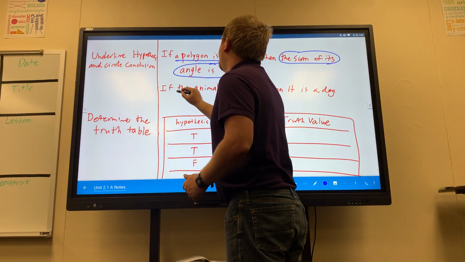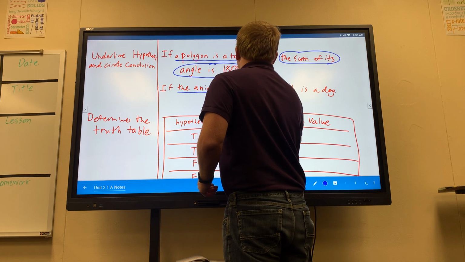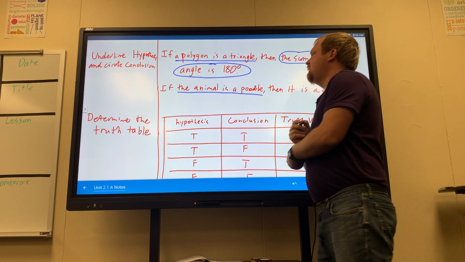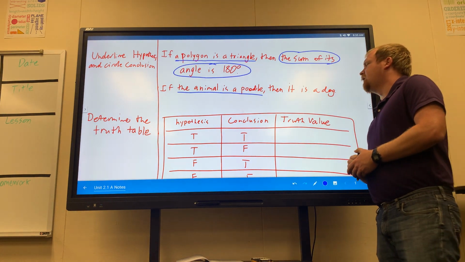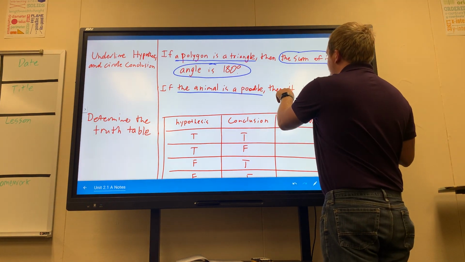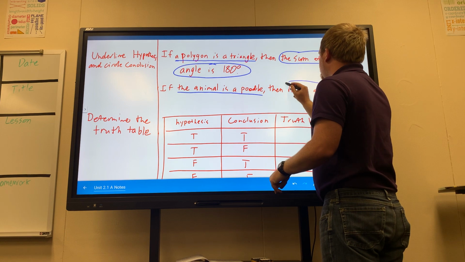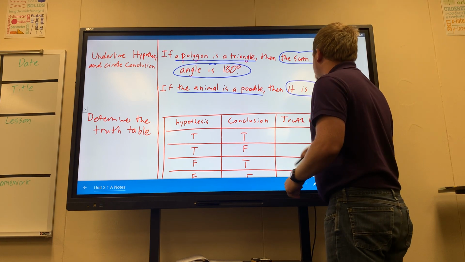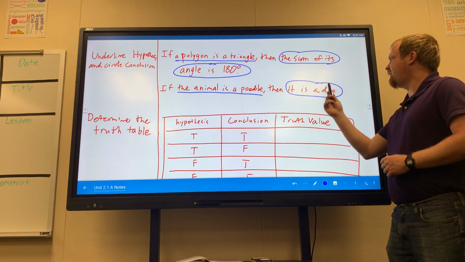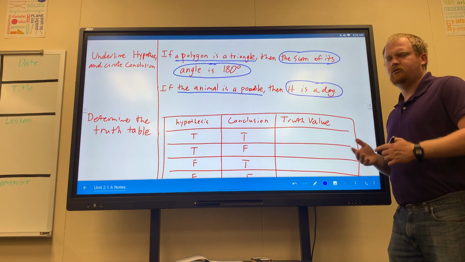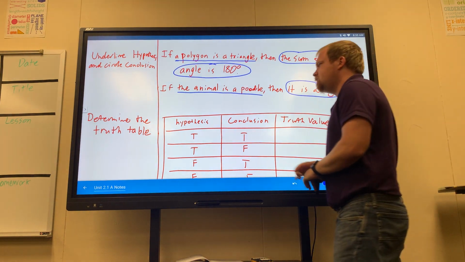Right after if, we underline the statement, which happens to be the animal is a poodle. And the conclusion, which comes right after then, is it is a dog. It's just that simple.